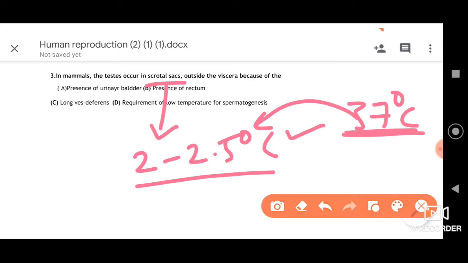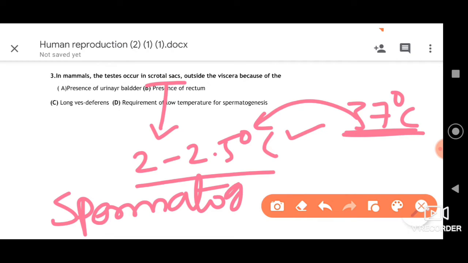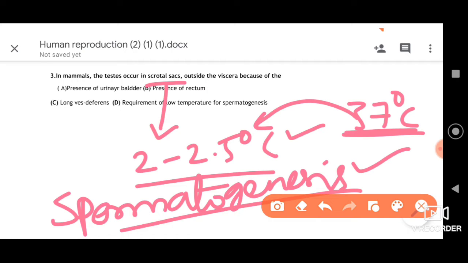So for the formation of sperms, for spermatogenesis, the process of formation of sperms, we need a temperature which should be minimum 2 to 2.5 degrees Celsius lower than the body temperature.